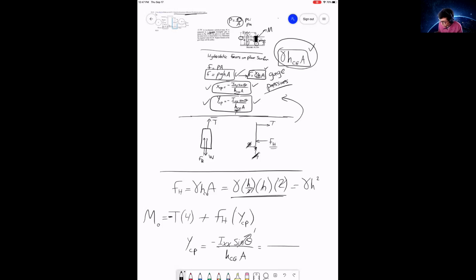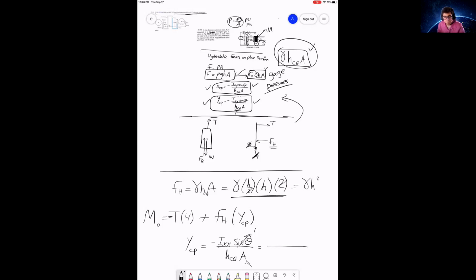Okay. And what is the area in this case, we said? It's going to be for the submerged part also, right?